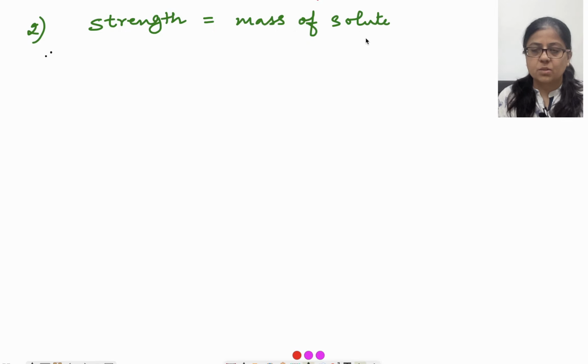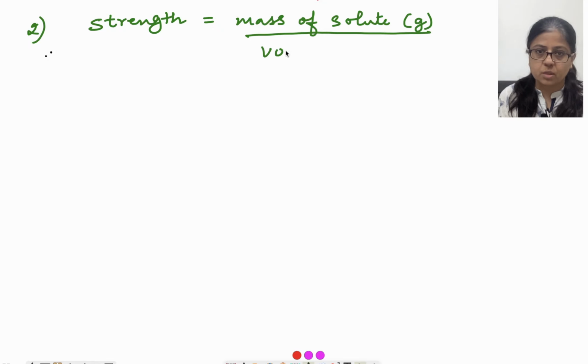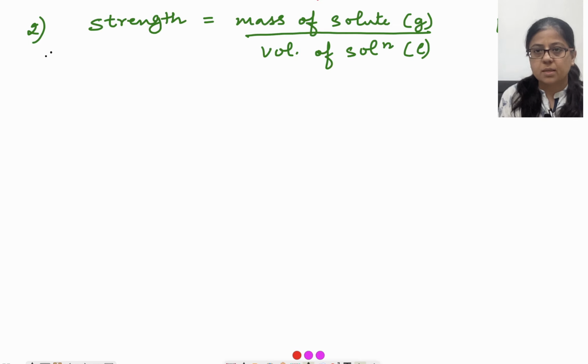So the mass of solute is taken in grams and it is divided by the volume of the solution, which is taken in liters. Remember, 1 liter is equal to 1 decimeter cube. The unit of strength will be gram per liter. This is the second term to express the concentration of the solution.